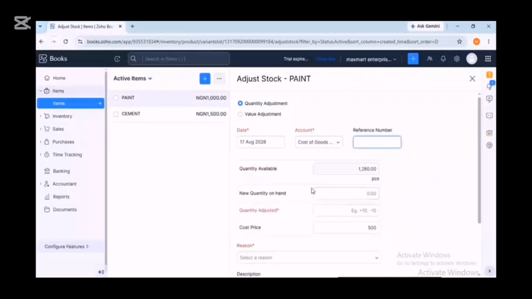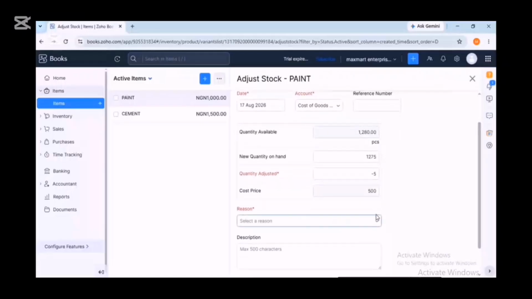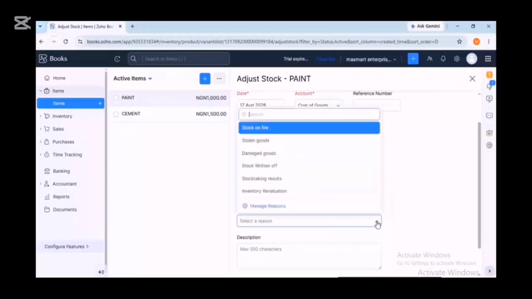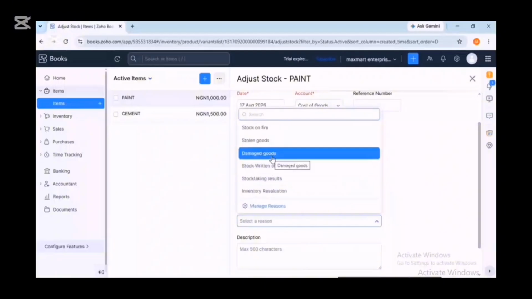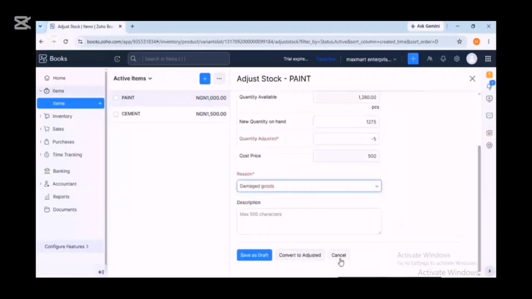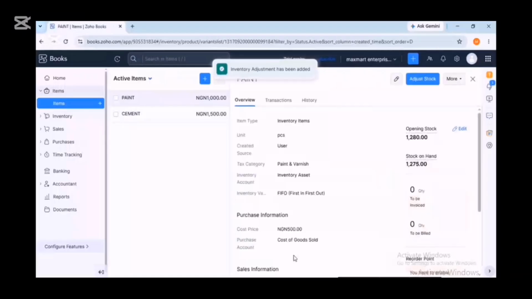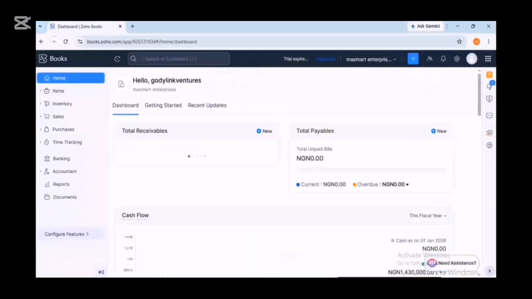Alright, so we add a -5. -5, because the adjustment is reduction. -5. So you can see our, okay, the reason is damaged goods. So if you can notice, the quantity at hand has reduced. Convert to adjusted. Absolutely right. So that's about that, imputing the balances of inventory.